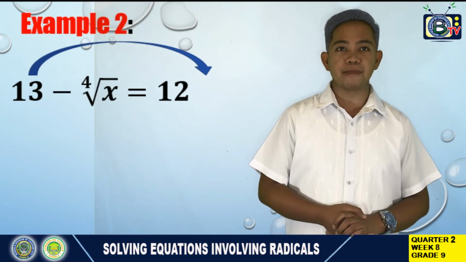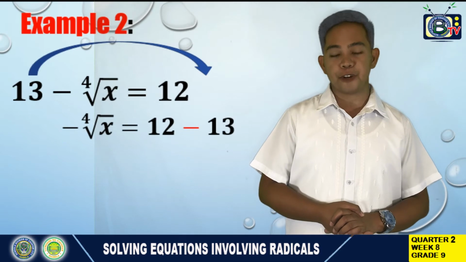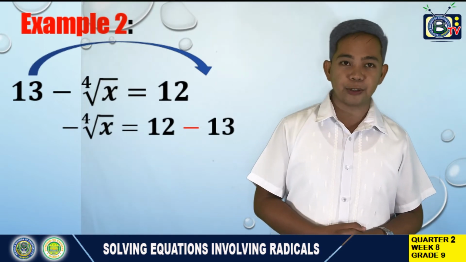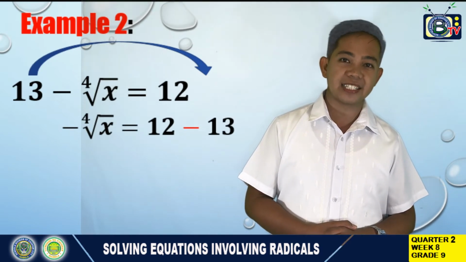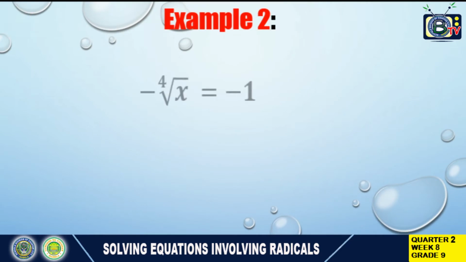So our equation becomes the negative fourth root of x is equal to positive 12 minus 13. Now we have negative fourth root of x is equal to negative 1. This time, we can now use the first step, which is to remove the radical sign by writing close and open parentheses on both sides of the equation.